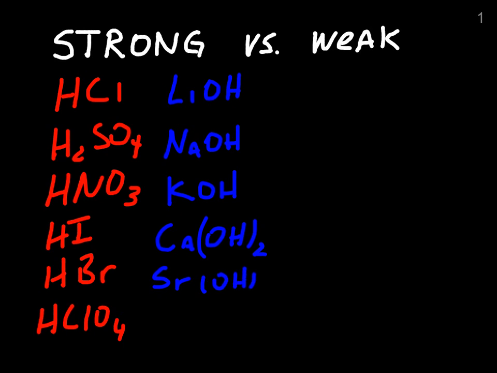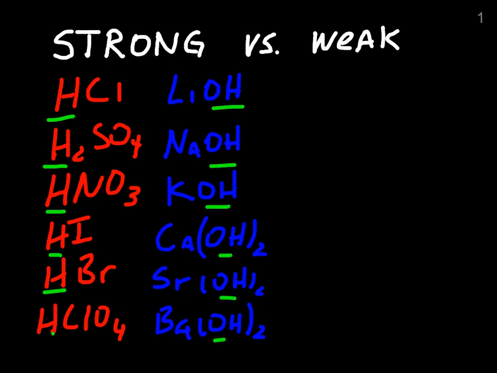So these are the common strong acids and bases. Looking at them, you can tell that's an acid, all the way down, and that's a base. These are all best defined in terms of Arrhenius acid-base theory, because these acids give up hydrogen ions and these bases give up hydroxide ions.